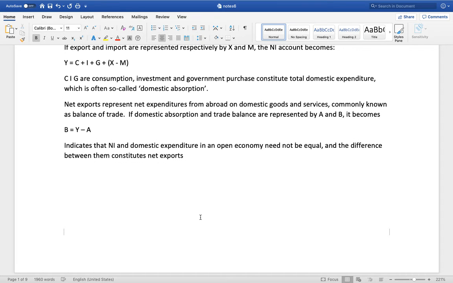The net exports represent net expenditure from abroad on domestic goods and services, commonly known as the balance of trade.